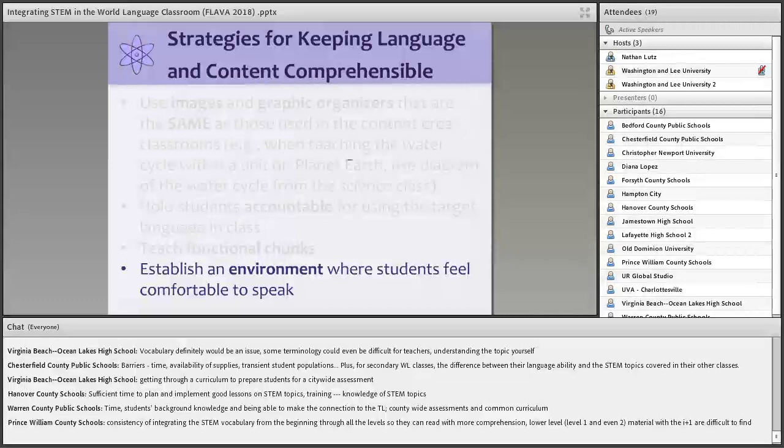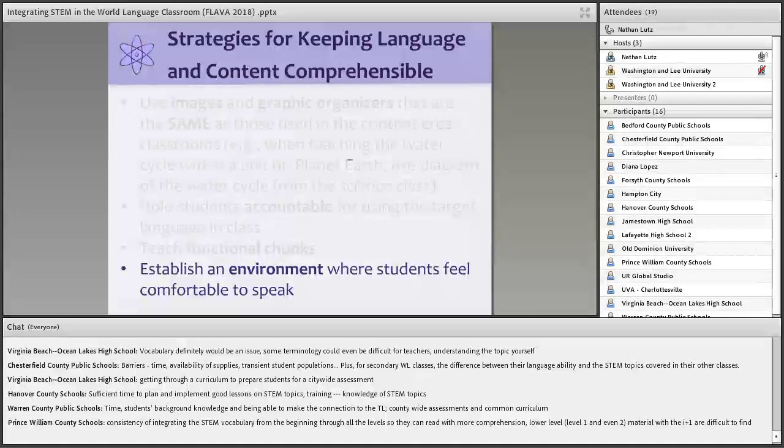And then another thing that we can do is to establish an environment where students feel comfortable to speak. This is so important in any world language classroom, not necessarily one that uses STEM as a focus for their teaching, but you as the teacher have the important obligation to make sure students feel comfortable and safe to express themselves.